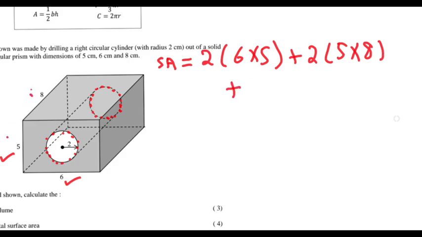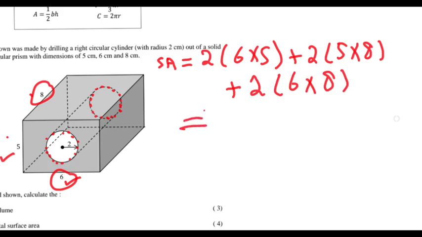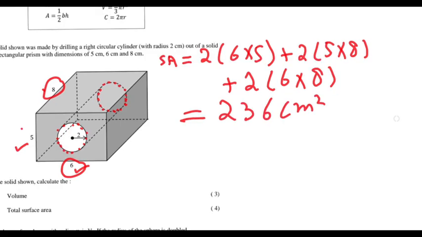So this is done. Now we didn't use 6 and 8, so the 6 and 8 we're going to use now: 2 multiply 6 multiply 8. So then my answer will be 236 centimeter square.